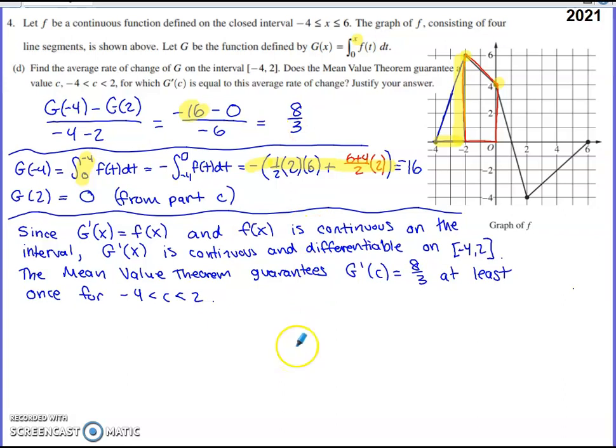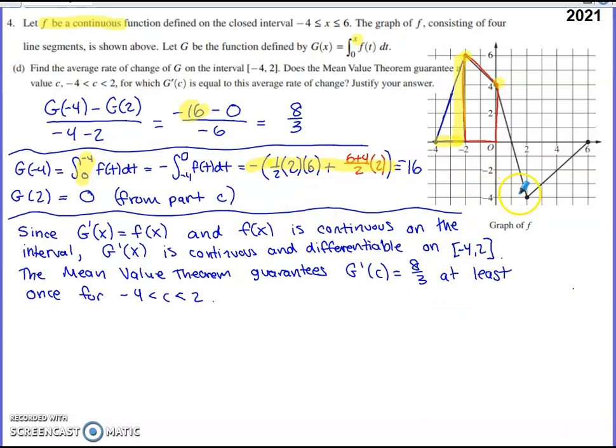Look at the secondary part of this question. Does the mean value theorem guarantee a value c between -4 and 2 at which g prime of c is going to equal that average rate of change? Justify your answer. So the mean value theorem has two requirements in order to be able to use it. You have to be continuous and you have to be differentiable. Now what they tell us in the problem statement is that f is continuous.